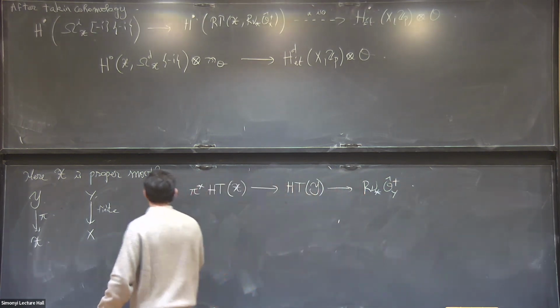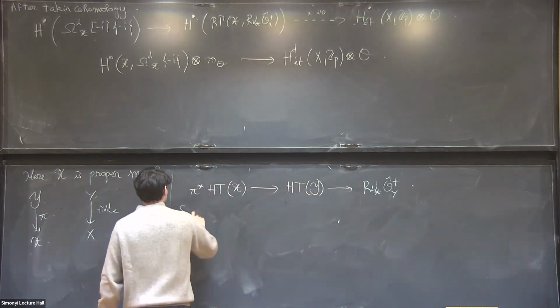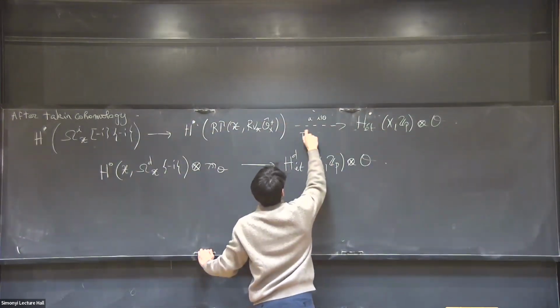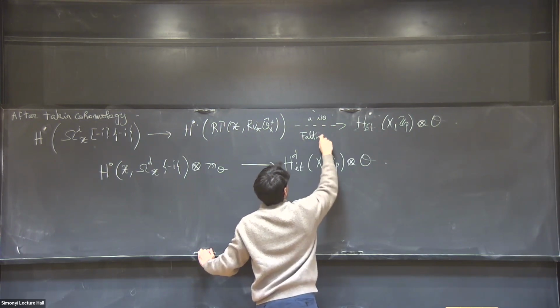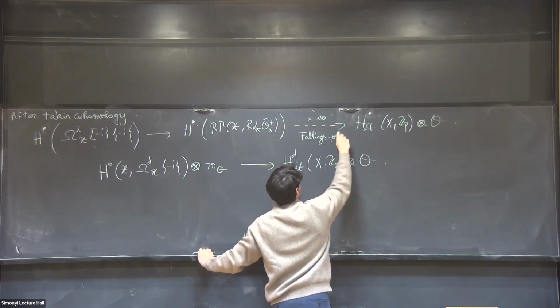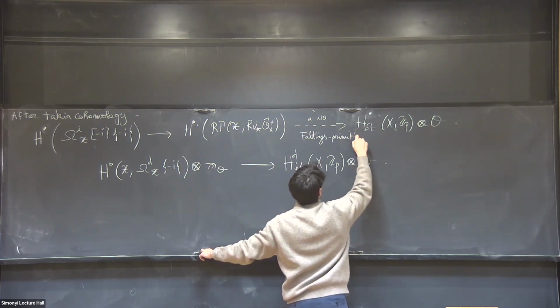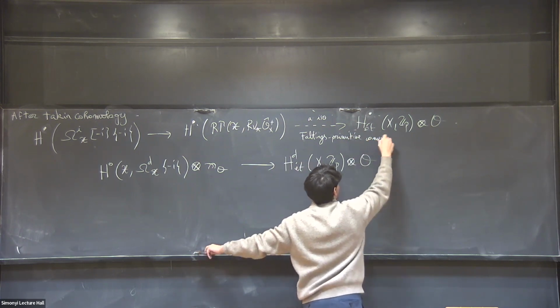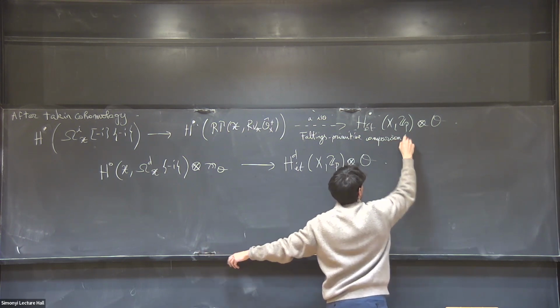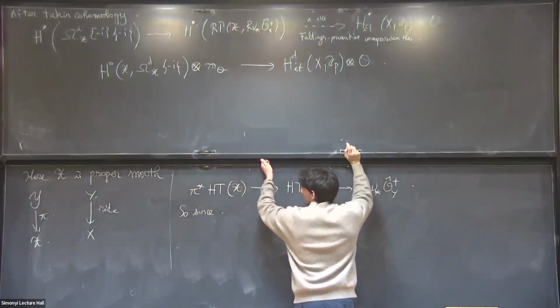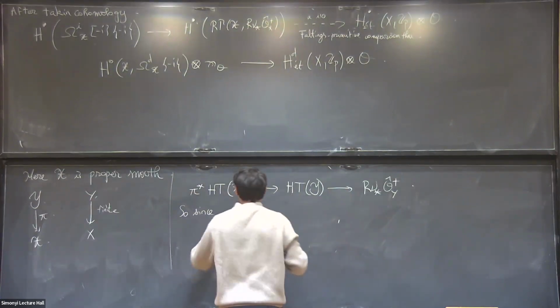And so Faltings primitive comparison theorem is also valid when y is not necessarily smooth.